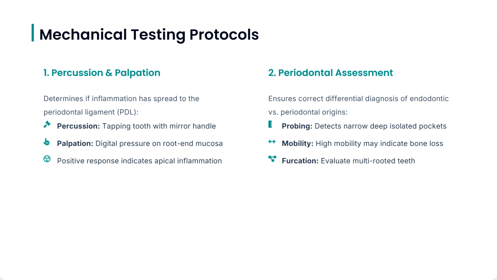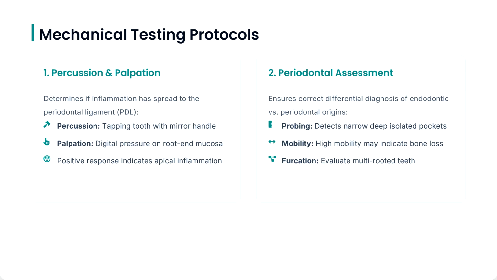If it does, might be something going on. Tapping with the mirror handle, you do it like this. You don't want to do it like that, but you want to get a nice blunt end. If you don't have this, grab a blunt end of your forceps. But that's your percussion. Now palpation, that's when you go along with your fingers and you're actually trying to feel if there's that pimple on the gums, right?